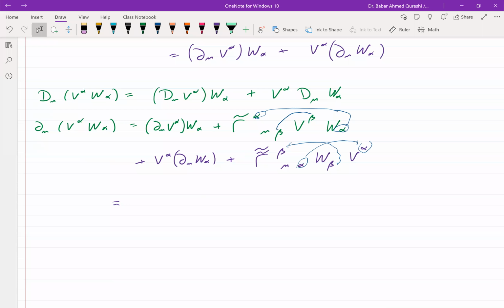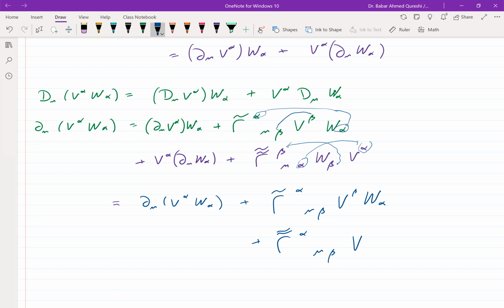Now these guys, these partials, इनको मैं कंबाइन ऐसे लिख सकता हूँ. So they will be mu beta v beta w alpha plus alpha mu beta v beta w alpha.